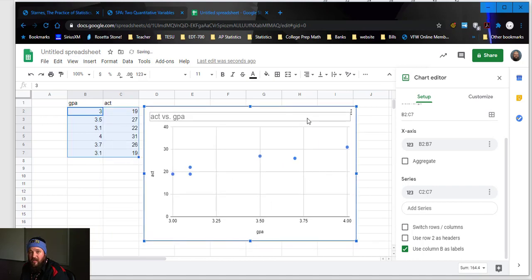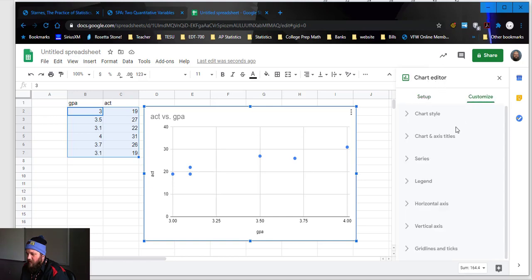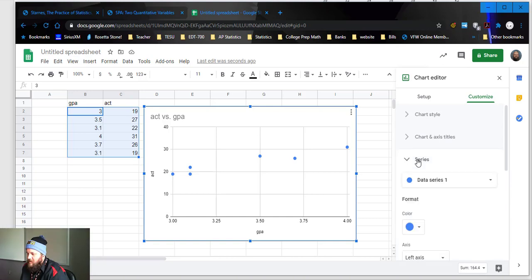Now, if you want to draw the actual line, go up here to the Chart Editor, where it says Customize. Then scroll down to Series and click on Series.